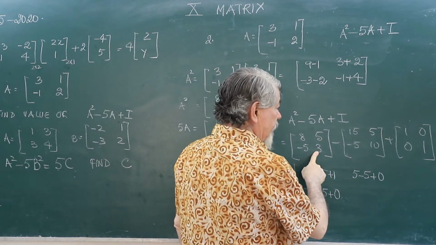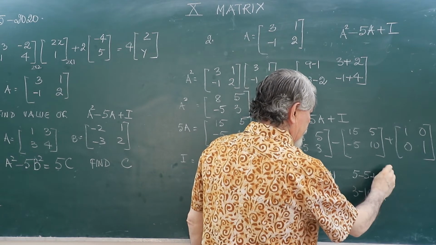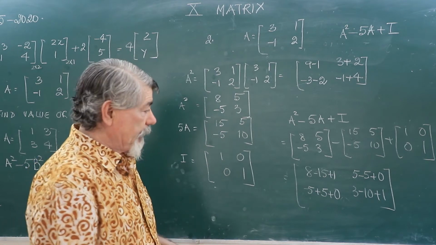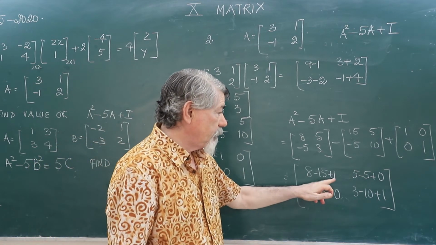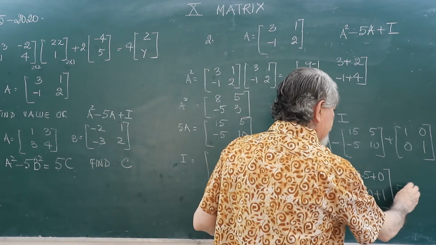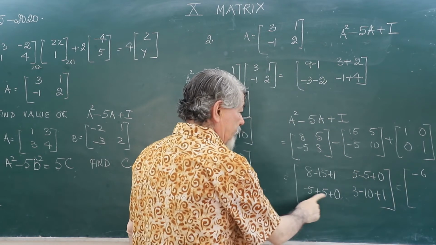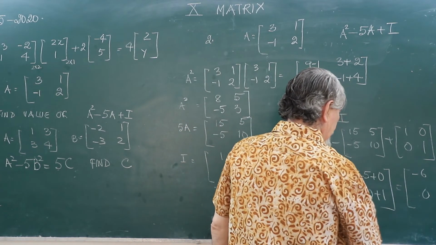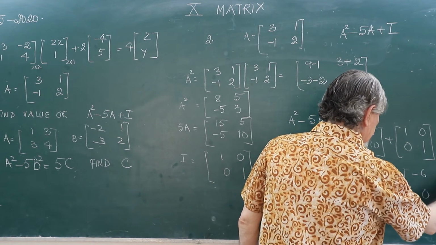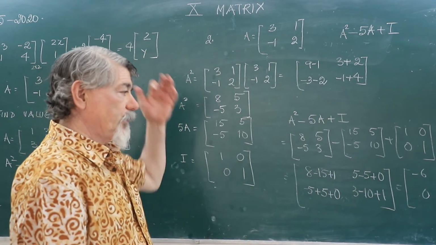Then 3 minus 10 plus 1. So we added the corresponding elements. 8, 1, 9. 9 minus 15 will be minus 6. Here it will be 0. Here it will be 0. And 3, 1, 4 minus 10 is minus 6.